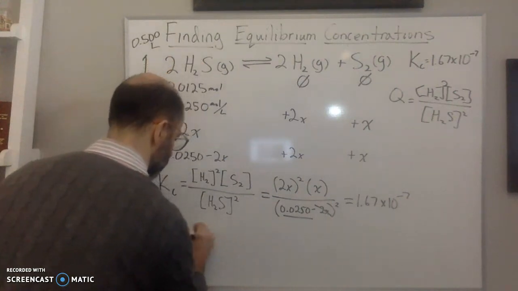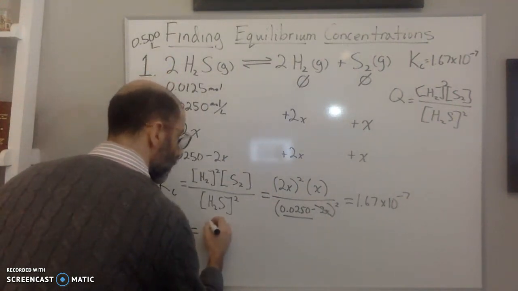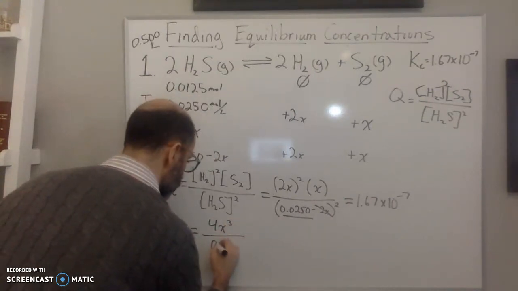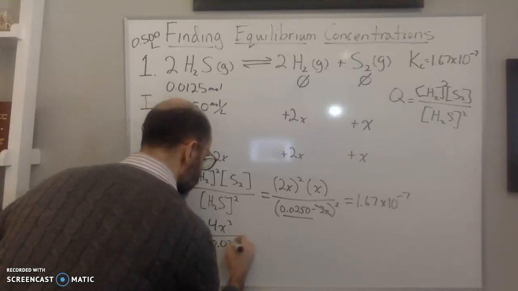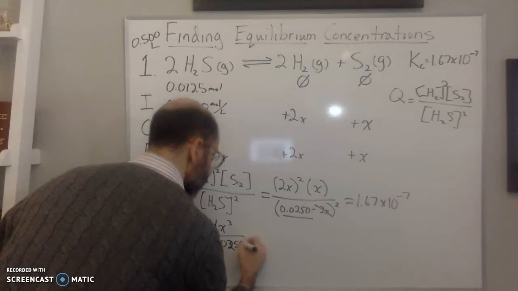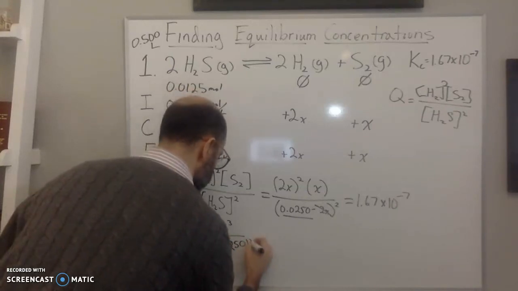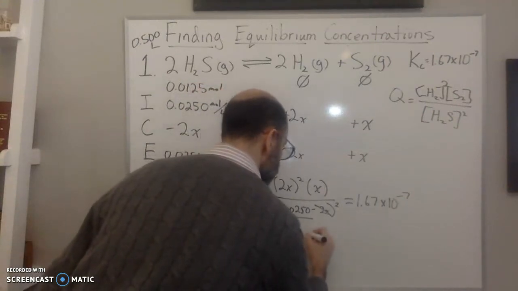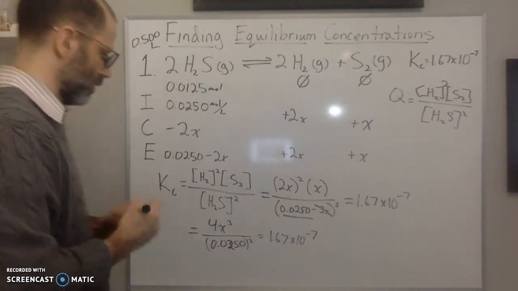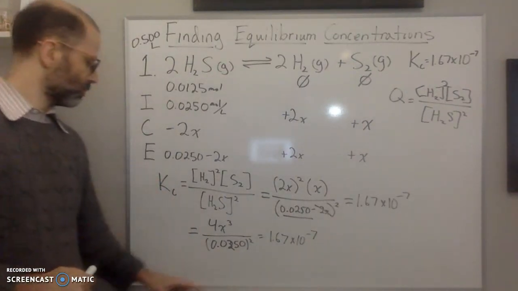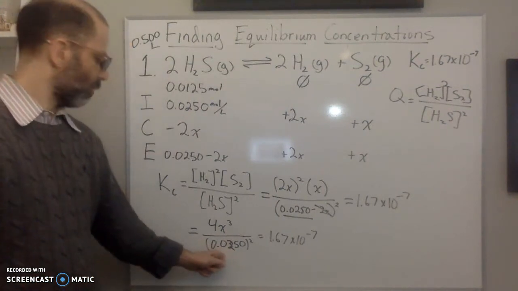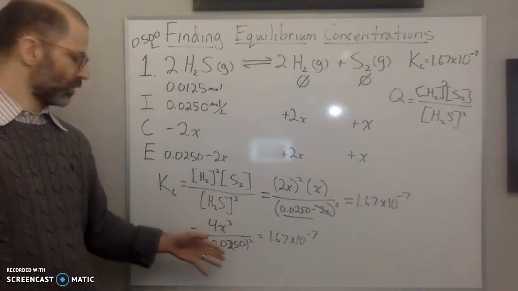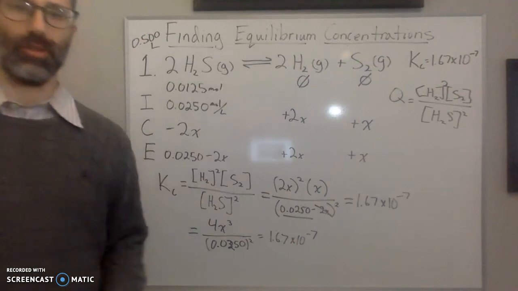This becomes 4x cubed over 0.0250 squared, and that's going to be equal to 1.67 times 10 to the negative 7. So that becomes a lot easier to solve. All we need to do is square this number, multiply by both sides, divide by 4, and then take the cube root, and you've got your x. So let's go ahead and do that.